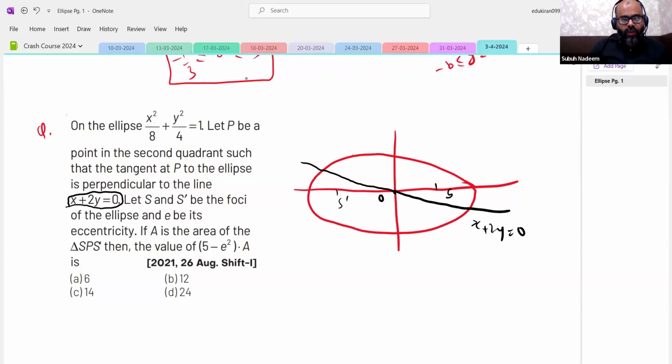So suppose P is here, such that it is a tangent to this ellipse and is perpendicular to this line, 90 degrees. Then the area of the triangle S dash PS is capital A. So you have to find the value of 5 minus E square, where E is the eccentricity.